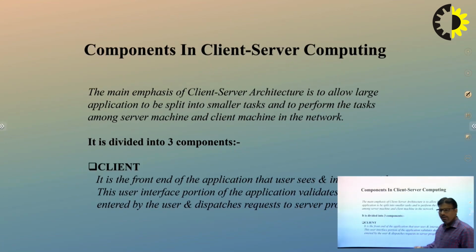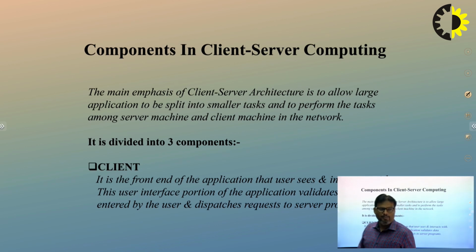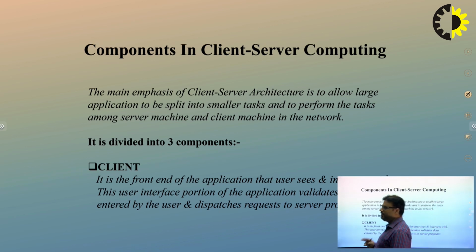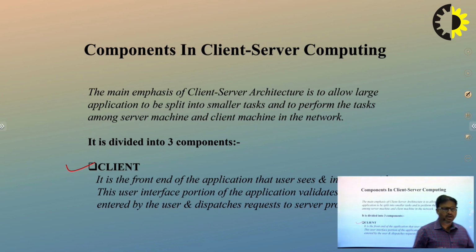Then the components in client and server. We use three types of components here. The client and server architecture is divided into three components. The first component is the client. It is the front end of the application that users see and interact with, the user interface portion of the application.